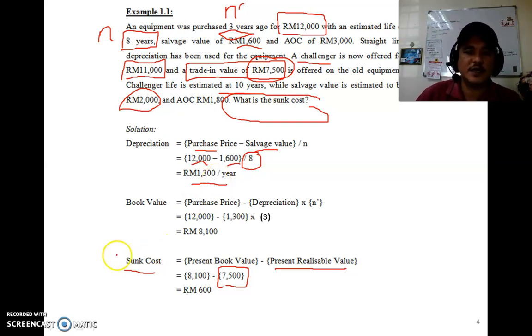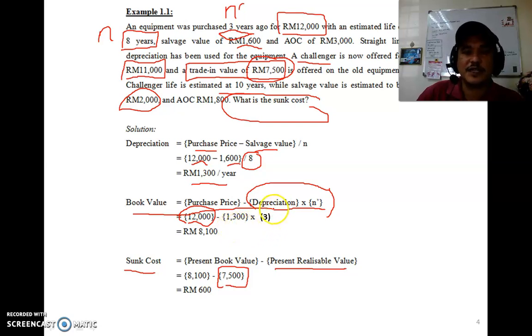Okay, so how do we calculate the book value? The book value is the purchase price minus depreciation times N bar. The purchase price, when we bought our machine 3 years ago, is 12,000, minus 1,300 times 3. Why times 3?